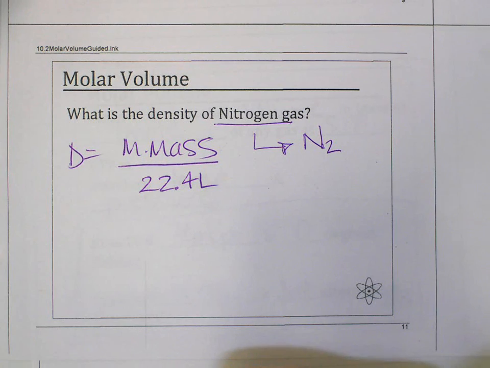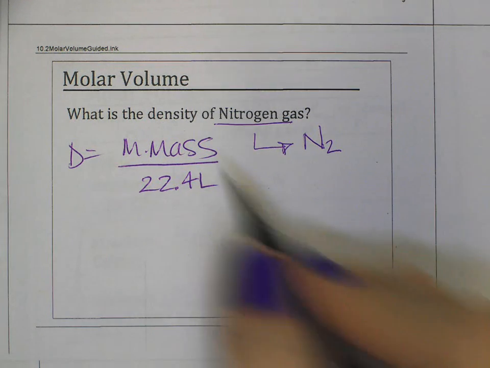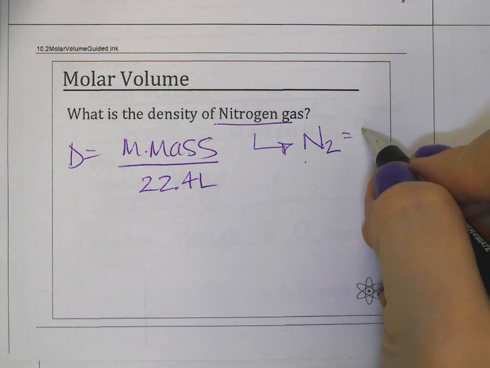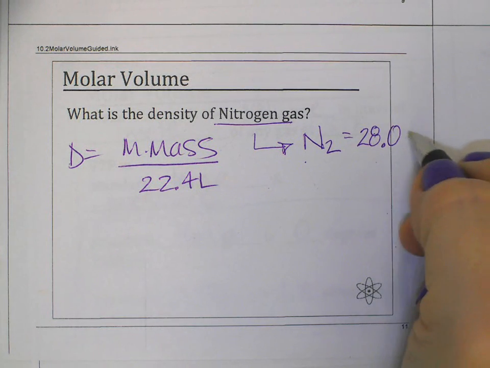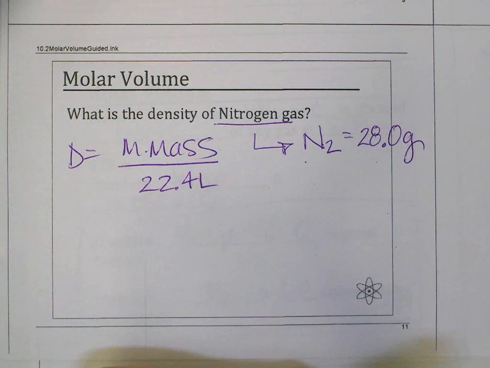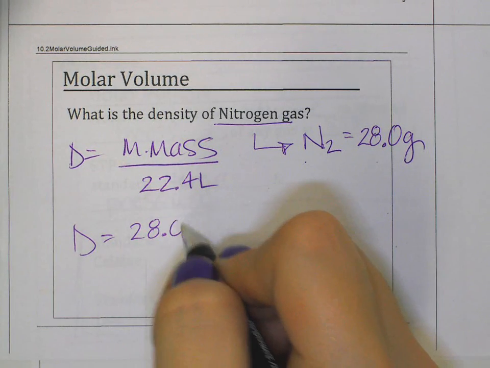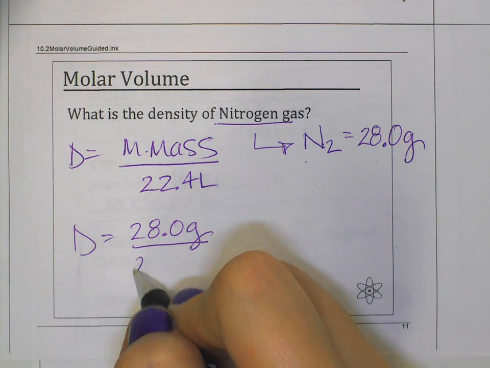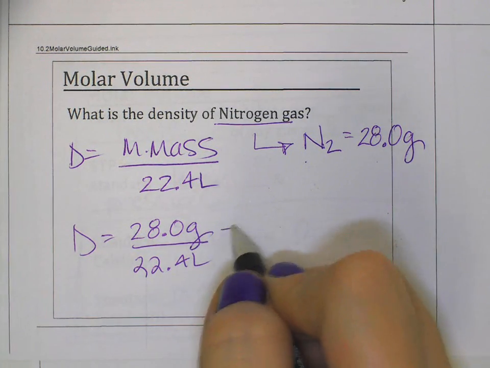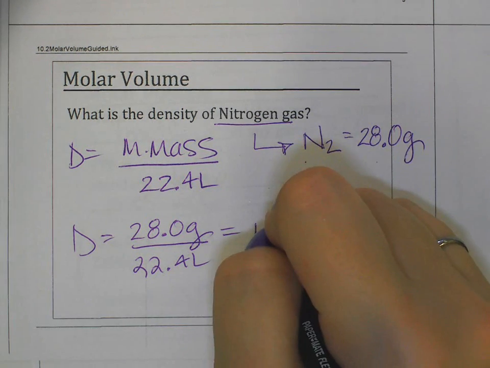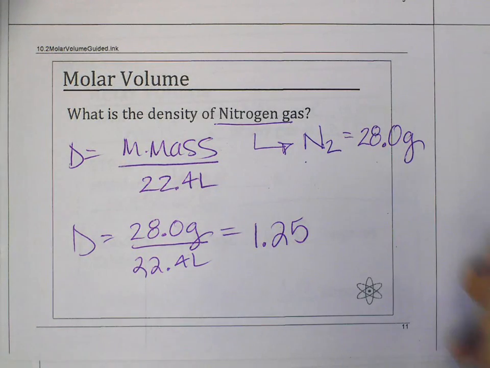So if you paused it, maybe you used 14, but the molar mass of nitrogen gas is actually 28 grams. So the density is 28.0 grams divided by 22.4 liters. Which gives me exactly 1.25 grams per liter.